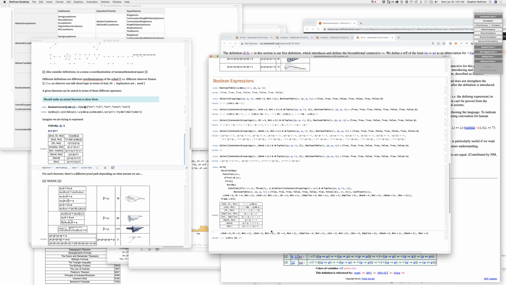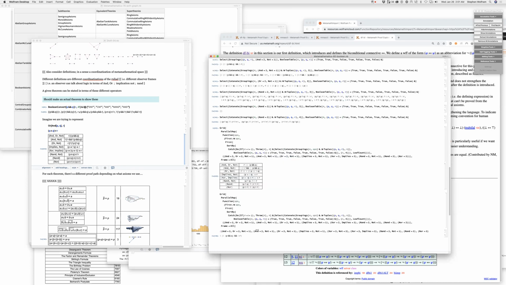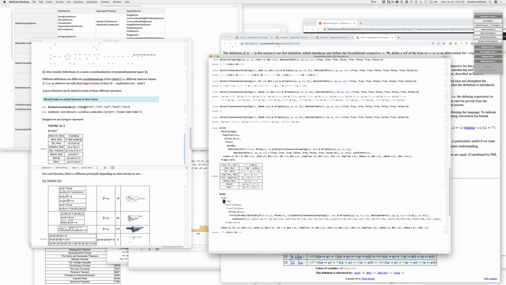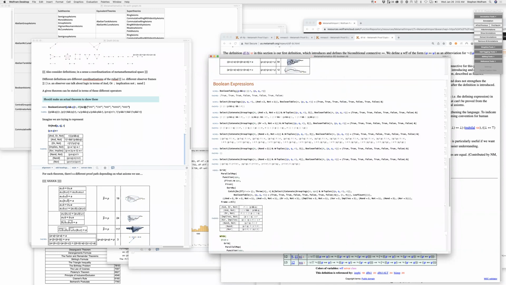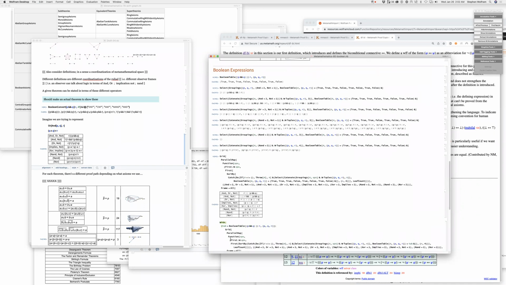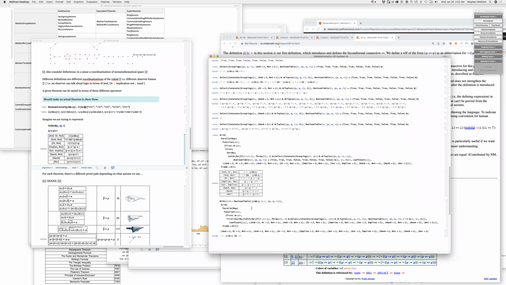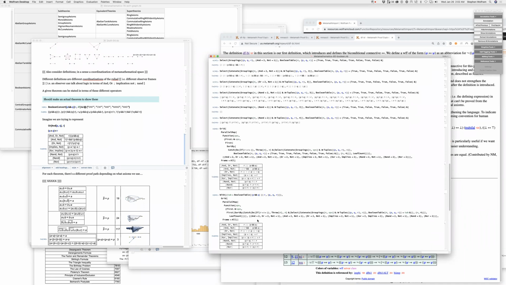This one, actually, the way I should do this is, that's the correct version of this.